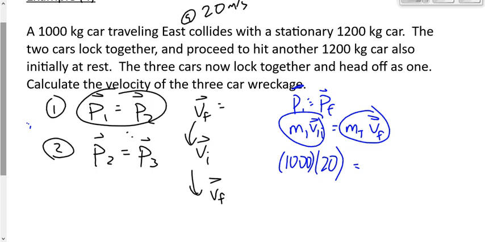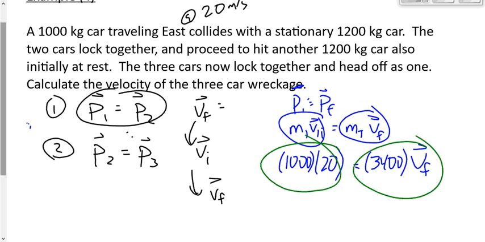Now, the total mass is 3,400 kilograms after the collision takes place, sorry, after both of the collisions have taken place, because they've all stuck together, times Vf, the final velocity of all three. The total initial momentum is equal to the total final momentum, regardless of what's taken place in between, as long as the system is an isolated system with no external forces.